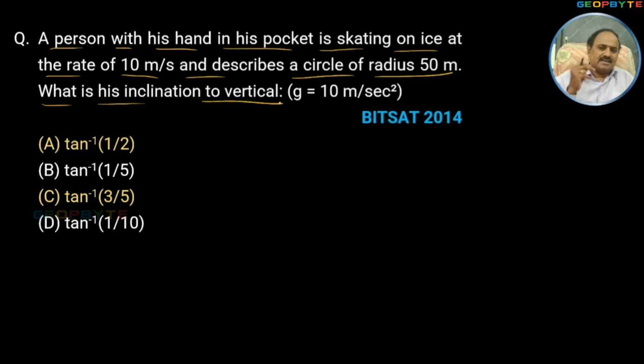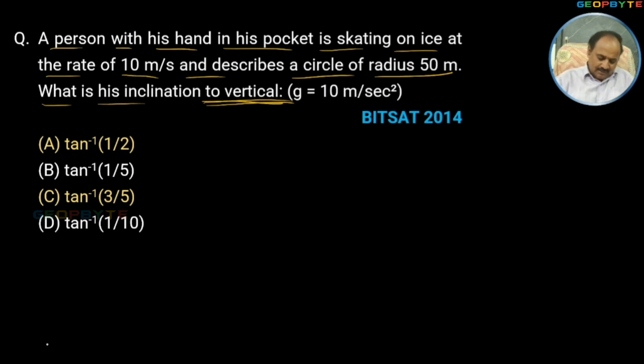By the time he is skating in the form of a circular path, there is a centripetal force. For balancing that centripetal force, he must be bent at an inclination with respect to vertical. What is that angle bent by that person with respect to vertical to balance the centripetal force, or for avoiding the skidding?